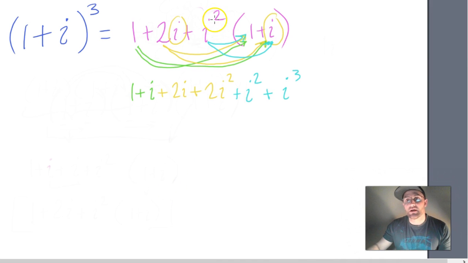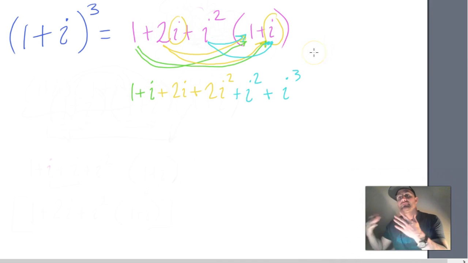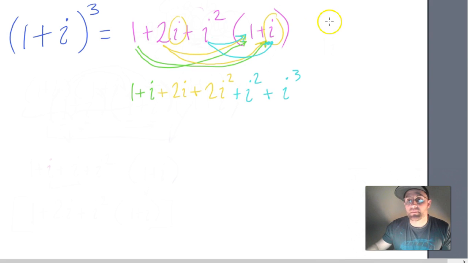Remember, if it were I plus I plus I, that would not be I cubed, that would be 3I, wouldn't it? It would be I 3 times. But this is I squared multiplied by yet another I, so therefore I cubed. Hopefully all this is making sense at this point.